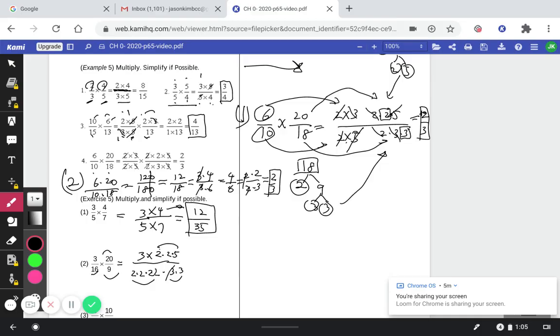And then you reduce any common value on the top and bottom. You're left with a 5 on the top, and you're left with 2 and 2 and 3. So you end up with 5 out of 12.